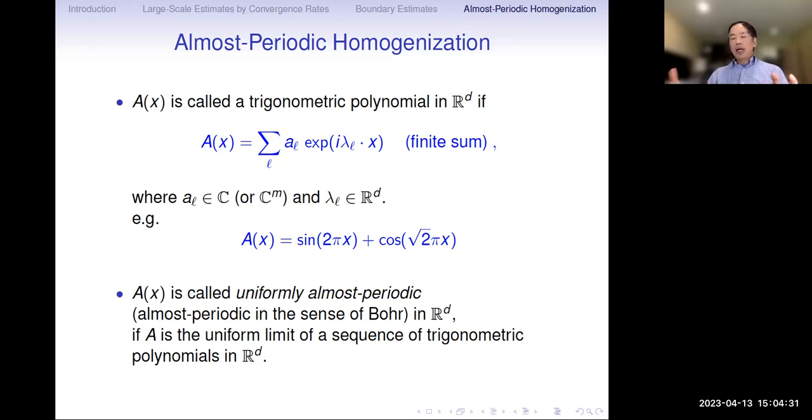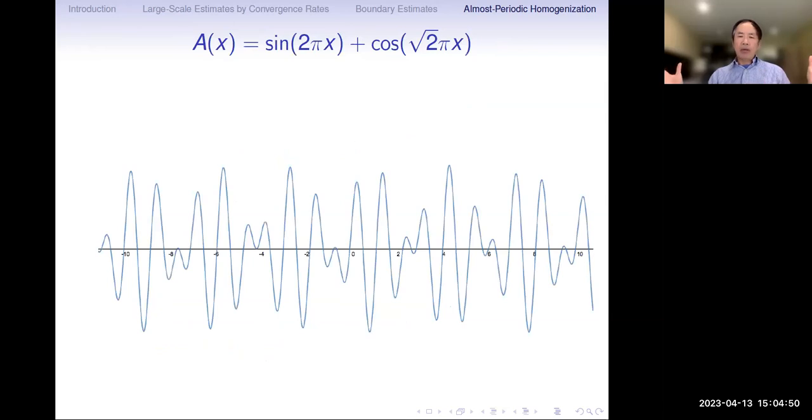In other words, if you have a continuous function which can be approximated by trig polynomials uniformly over the whole space, then that function is almost periodic. Okay, so almost periodic is oscillating just like a periodic function, but it doesn't have to have a period. This is a graph of that function I mentioned there.